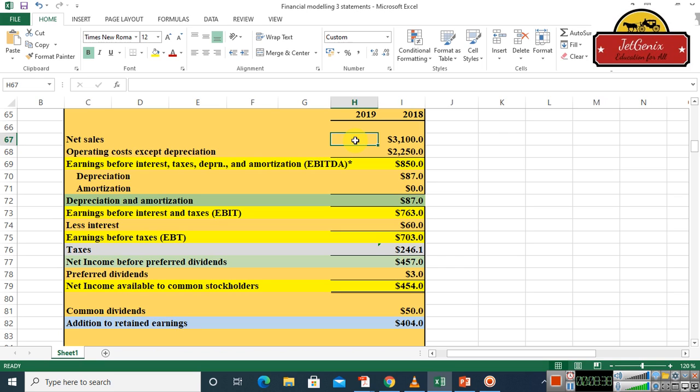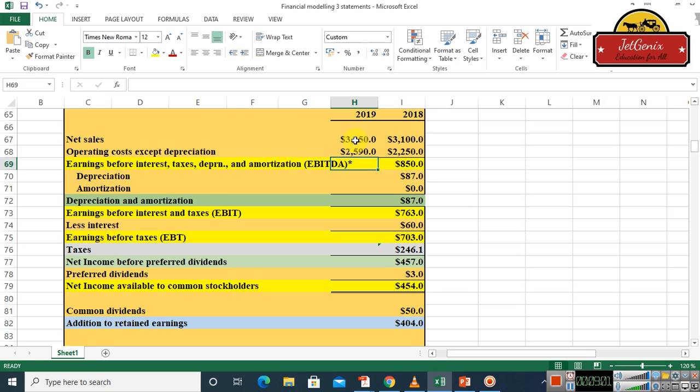So for 2019 I will go a little bit faster. Let's say the sales amount is 3150, and the operating cost except depreciation is 2590, let's assume.